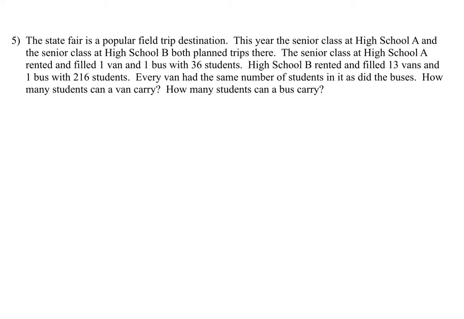So again, we have two variables here. We have a van and we have a bus. This is basically the number of students each one of those can hold, right? We have two high schools. We have High School A. They did one van, right? And one bus.